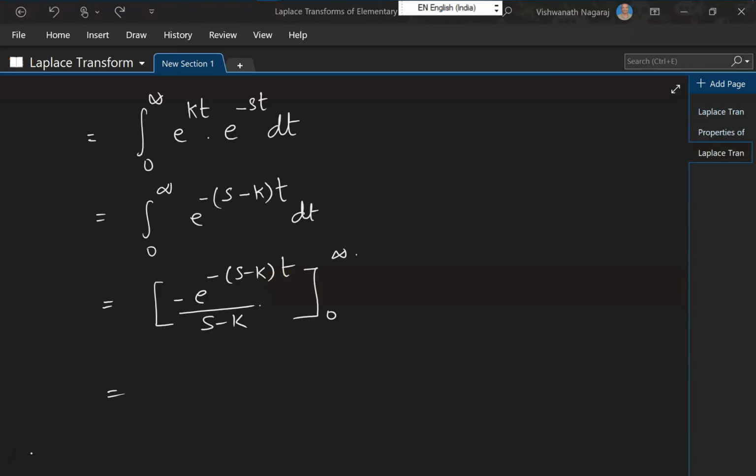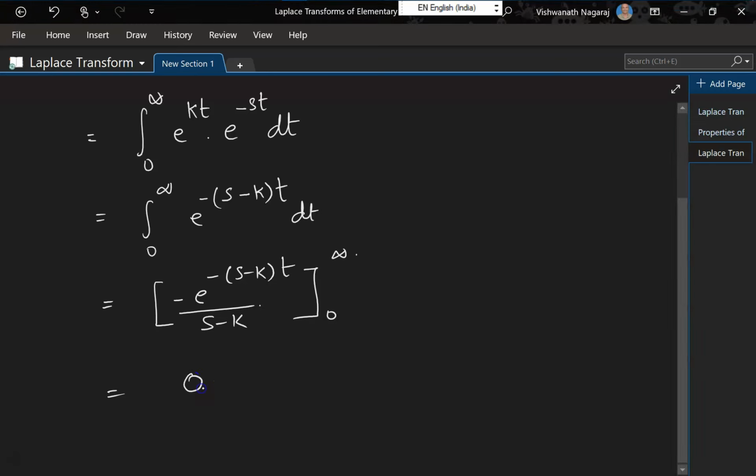Remember, as t goes to infinity, this is e to the power of minus, which means it goes to the denominator. So the denominator goes to infinity, which means the number becomes 0, right? And when t is 0, it becomes e to the power of 0, which is 1.